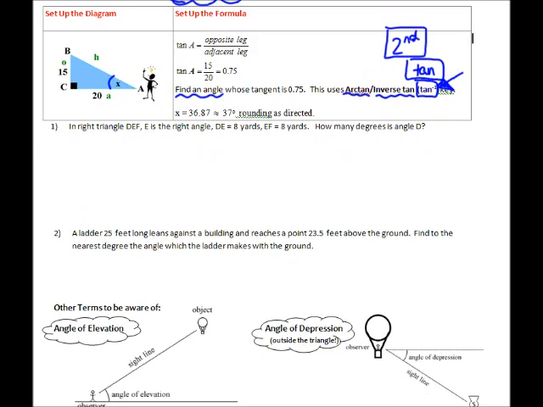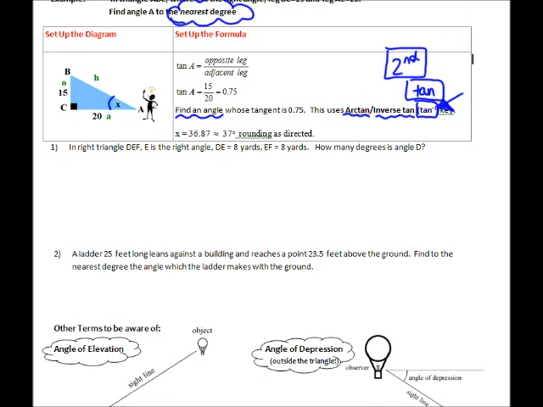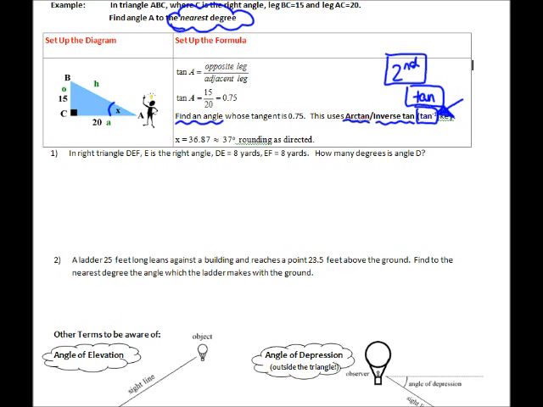We'll try the rest of the examples on this sheet, and then I have some practice problems that I will assign to you that I can review also. In right triangle DEF, E is the right angle, so I will mark that, and I will put my D and my F. I have an 8 yards and an 8 yards here, and you should be saying in your mind, I don't even need to use trig, but if you're not saying that, let's just go for the sake of argument here that you don't recognize what this triangle is.